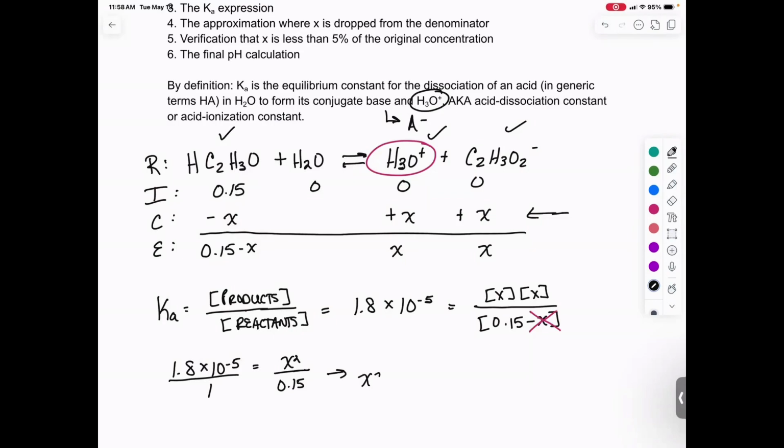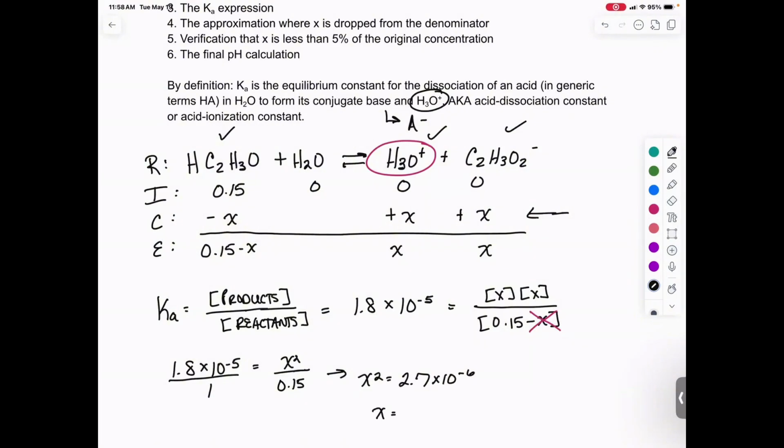So we have X squared equals the product of our Ka, 1.8 e to the negative 5, and then 2.7. And of course, we just need to square root that.